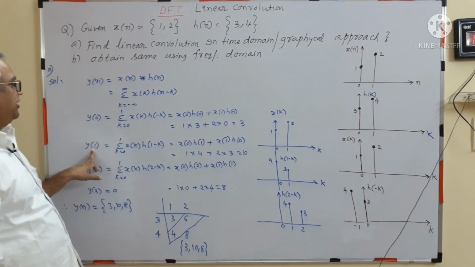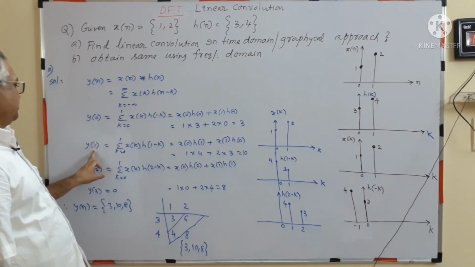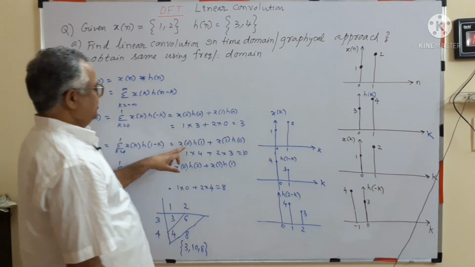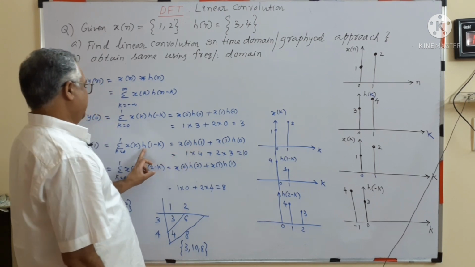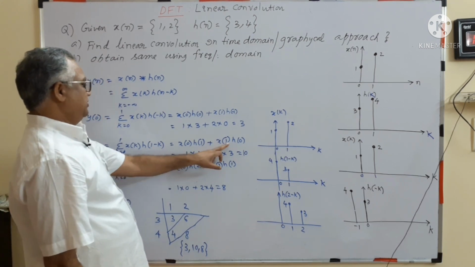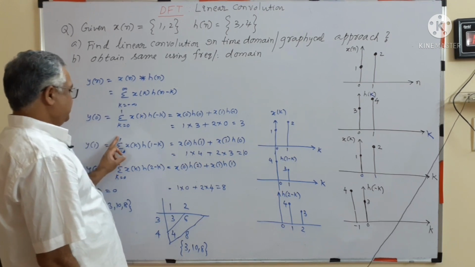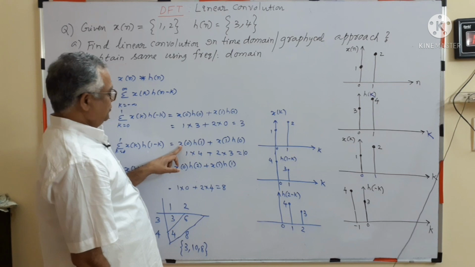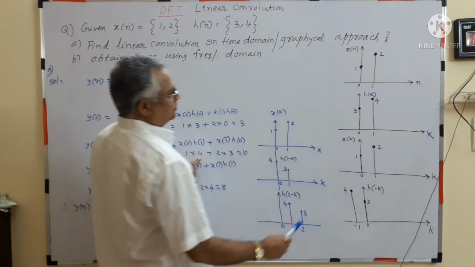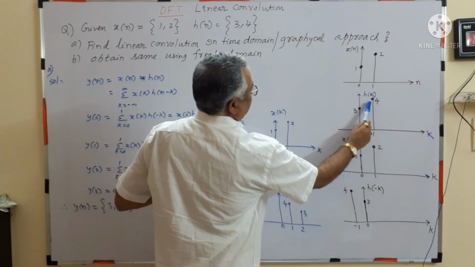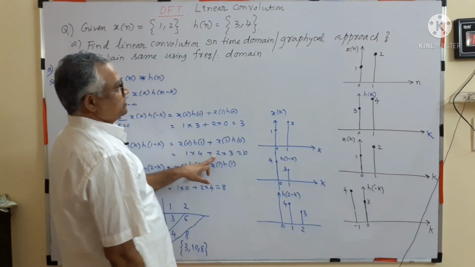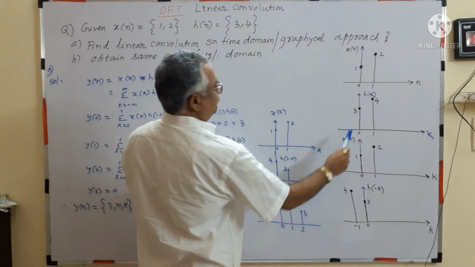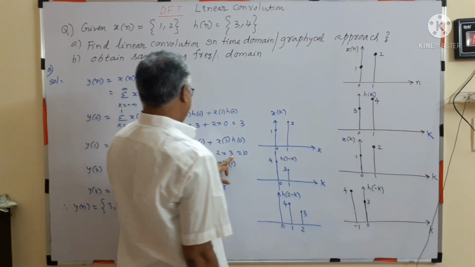Next, y of 1: replace n with 1, h of 1 minus k, with k from 0 to 1. Expand: x of 0, h of 1, plus x of 1, h of 0. x of 0 is 1, h of 1 is 4, plus x of 1 is 2, h of 0 is 3.